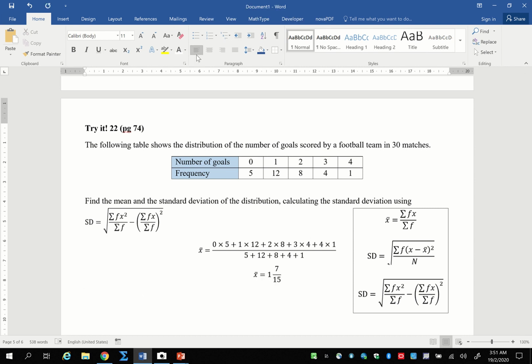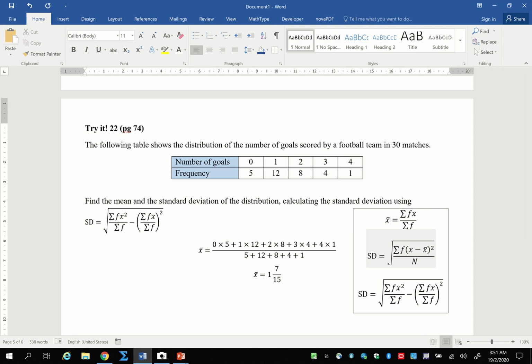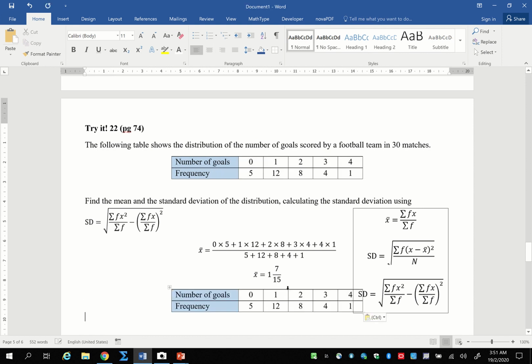Now, that's for x bar. To find the standard deviation, same as the previous example, we will be using a table. So we'll copy the same exact table that was given in the question, but we will add a few more rows to it.